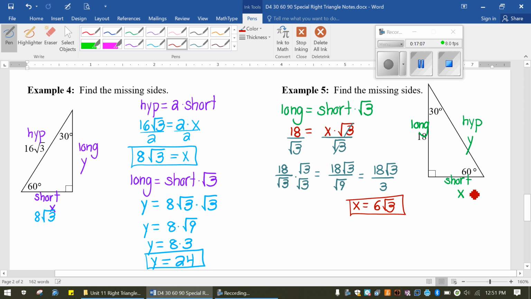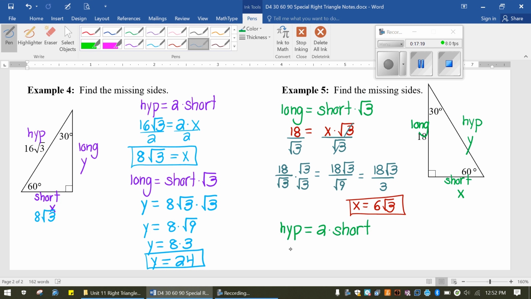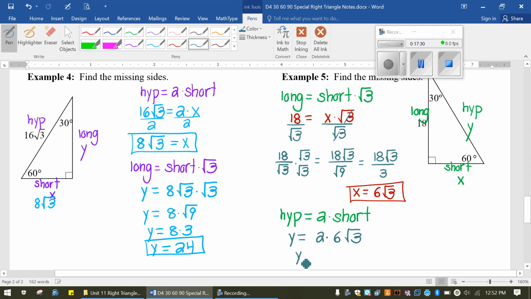Okay, that's right here. Now we can do hypotenuse equals 2 times short, because we know what the short leg is. So the hypotenuse is y. 2 times the short leg we just found, 6 root 3, gives us a hypotenuse of 12 root 3.